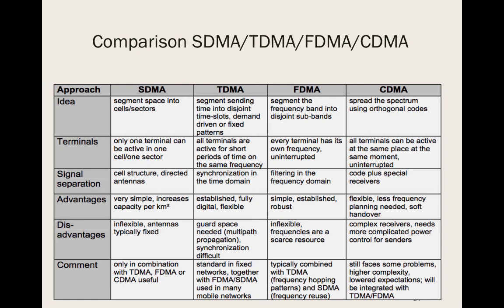And this table is a comparison of the different channelization methods: SDMA, TDMA, FDMA, and CDMA. You can go through it and compare them, and see the advantages and disadvantages of each technique, depending on the system that we are going to use.